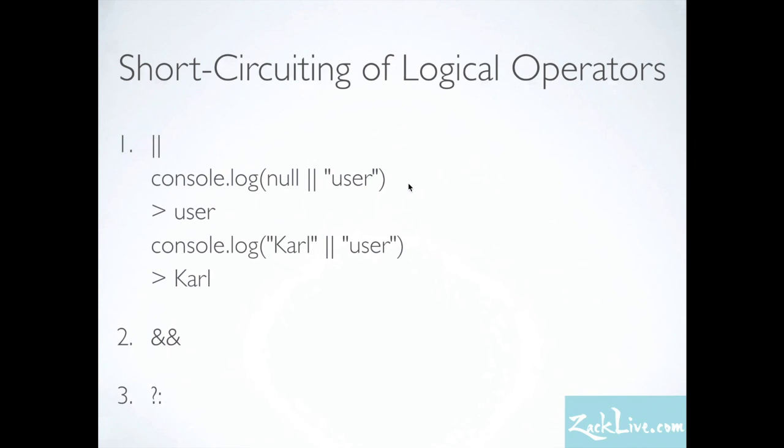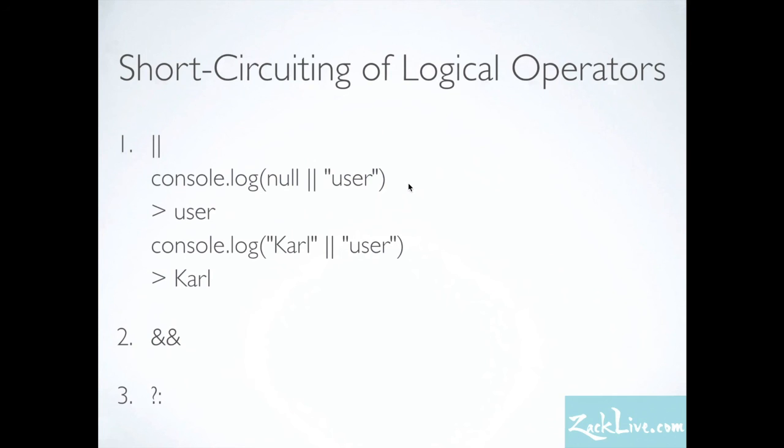The first part of the OR operator is null, which means false. So no matter what is in the second part, JavaScript will just return it. It will not be executed or considered.